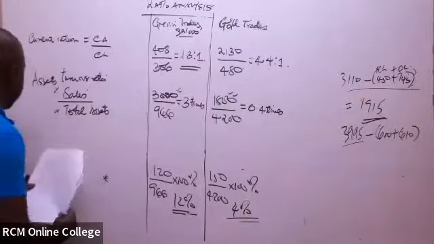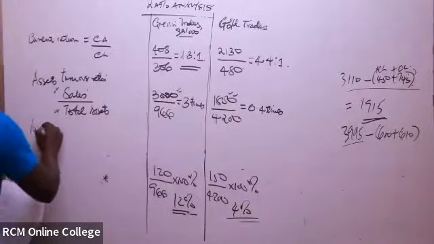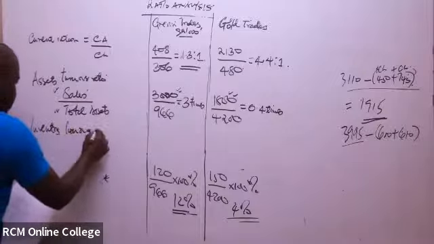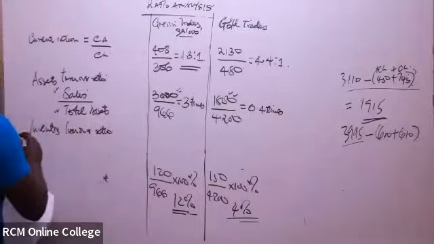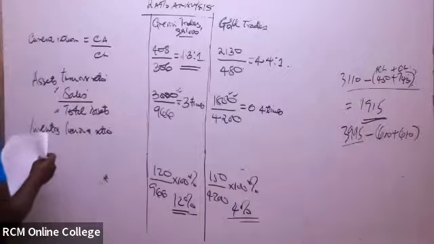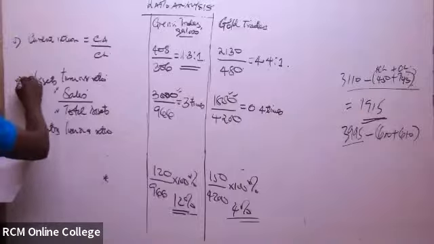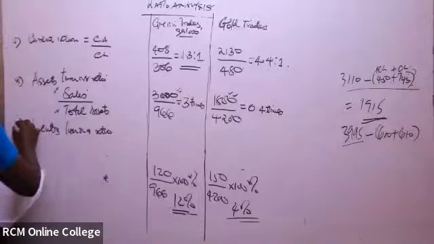Then in this case, you have inventory turnover. The current ratio was number 5, this one is number 6, and this one is now number 7.